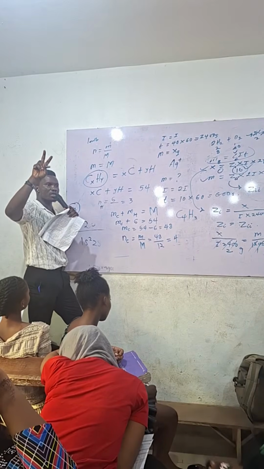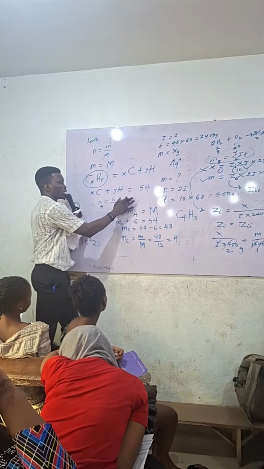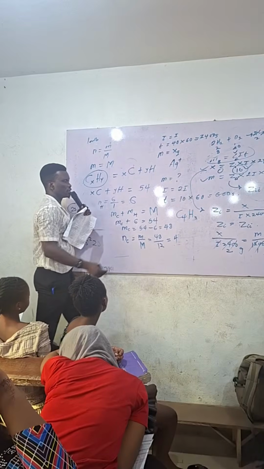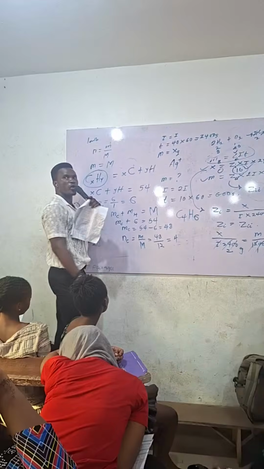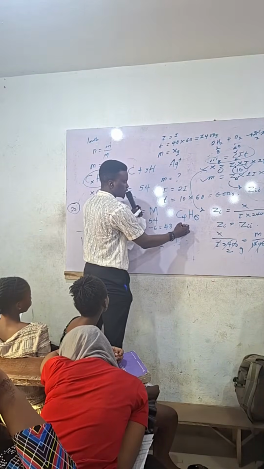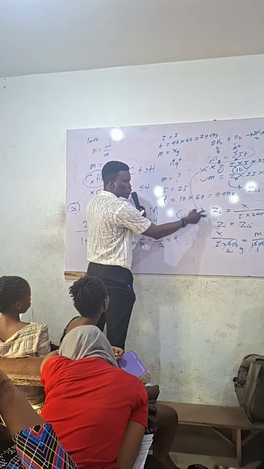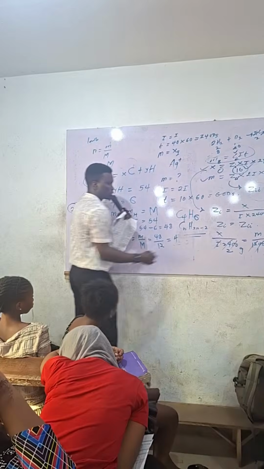I'm assuming you already know that hydrogen is 2, so it's going to be 1, so this will be 6. So this is C4H6. And C4H6 is what? Alkyne. Is that alkyne? Yeah, 4 times 2 minus 2. So this here, H2.